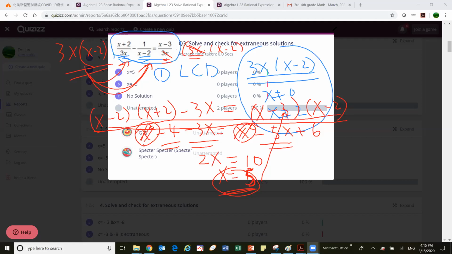So use that kind of property here and get the solutions. And before the solutions, make sure to check when the rational expression is undefined, which means the LCD cannot equal 0. So double check if any solution conflicts with the LCD equaling 0. If one conflicts, make sure to take that solution out of the solution set. Okay, that's all for today.